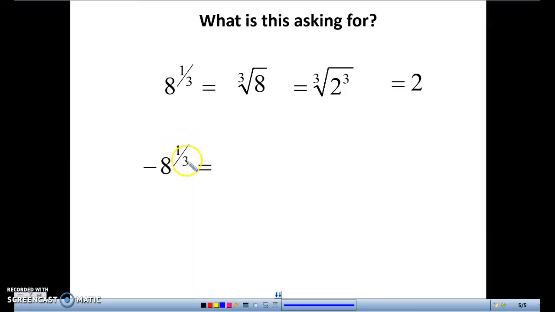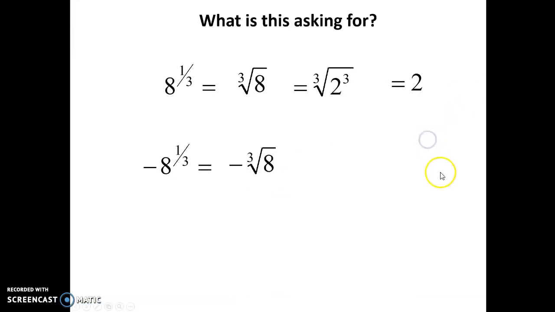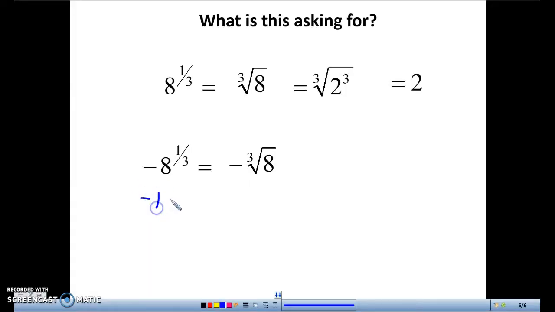If the 1/3 applied to the negative sign, it would be in parentheses. Okay? Since it's not in parentheses, this is the same as taking -1 times 8 raised to the 1/3 power. That exponent of 1/3 only applies to the base of 8.